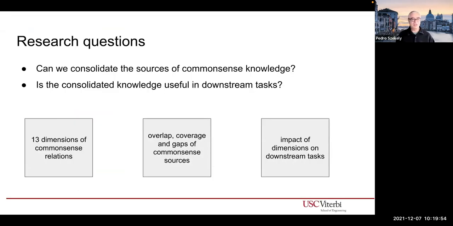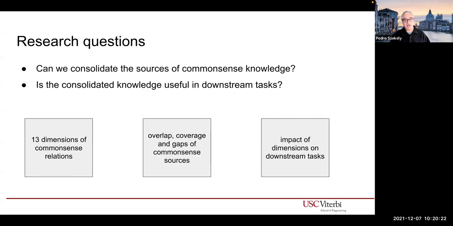So the research question that we posed in the paper is, can we consolidate the sources of common sense knowledge in some way, even though they are so disparate? And, is the consolidated knowledge useful in downstream tasks? So what we did is we grouped all the relations that we found in all these different sources in 13 dimensions of common sense.